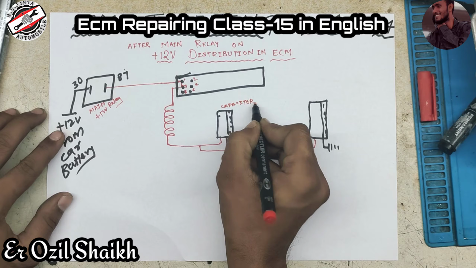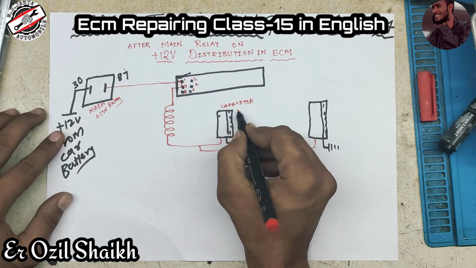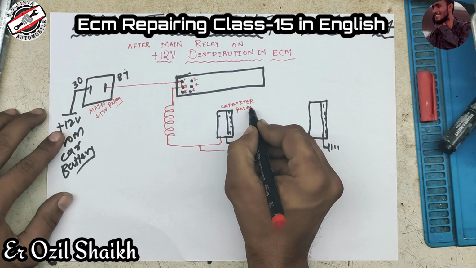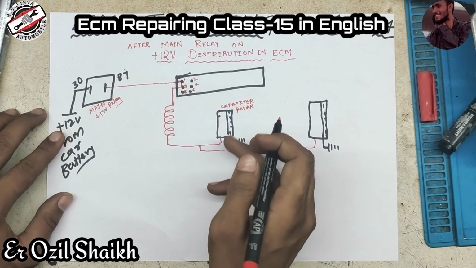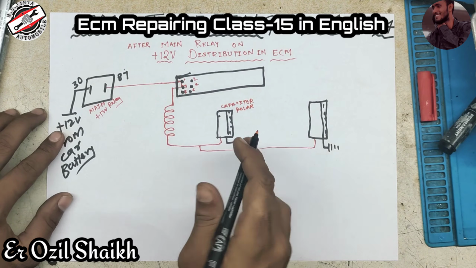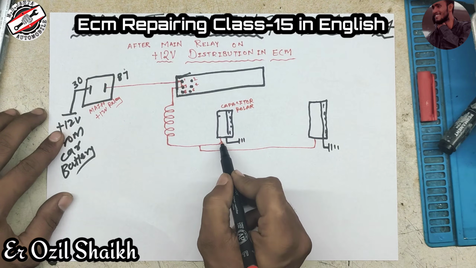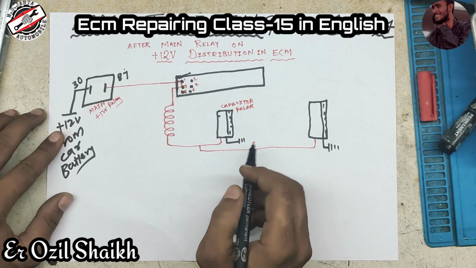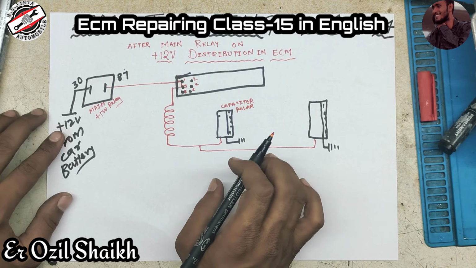So normally we know about the capacitor. This is the capacitor. Polar capacitor means it has a pole. That's why we call it a polar capacitor or polarized capacitor.